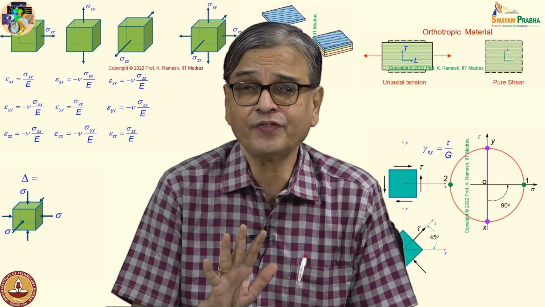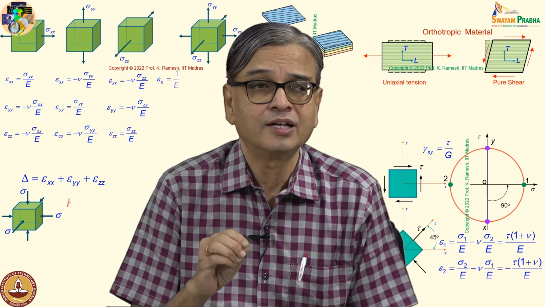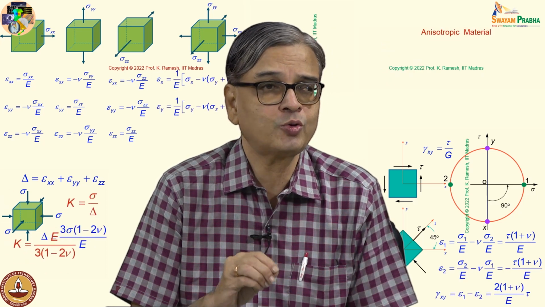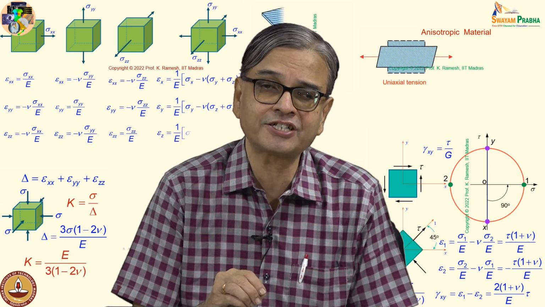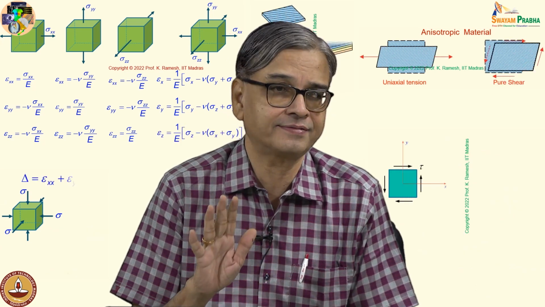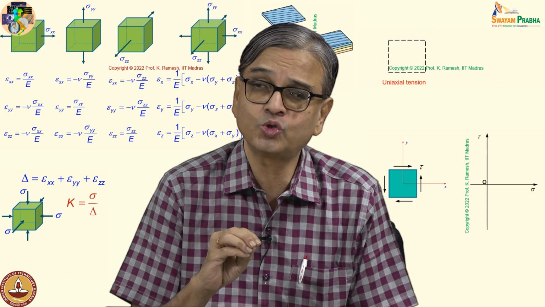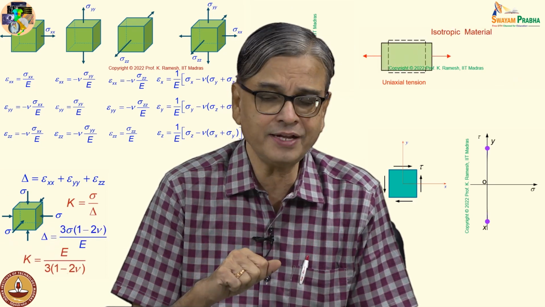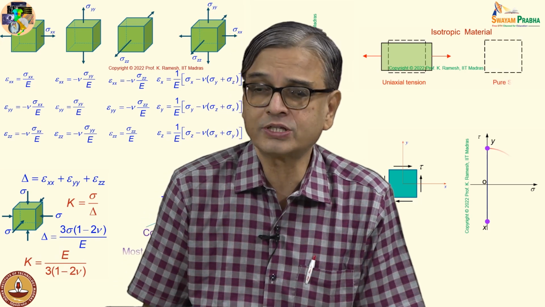In the case of isotropic materials, what you have as principal stress directions, what you have as principal strain directions, they are identical. That gives you a lot of simplification in your understanding of the material behavior, and we would use that.